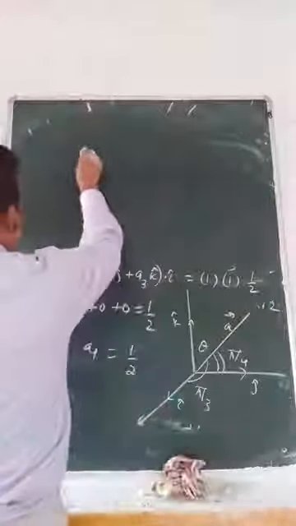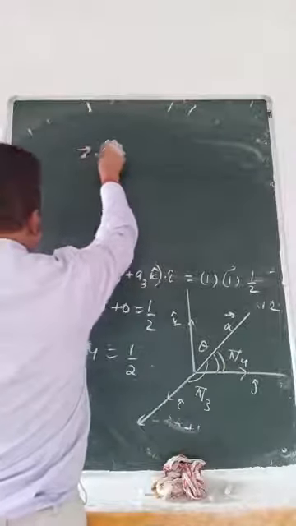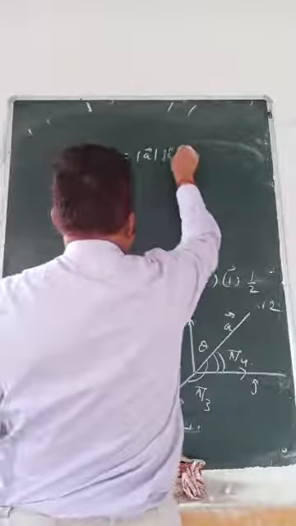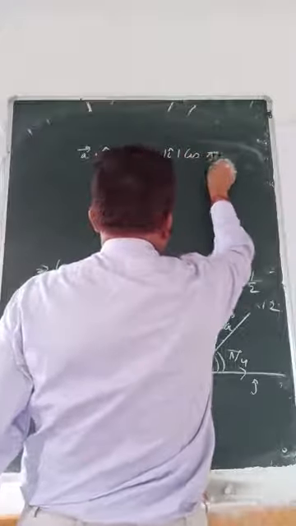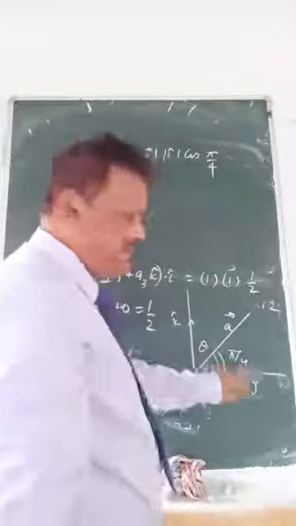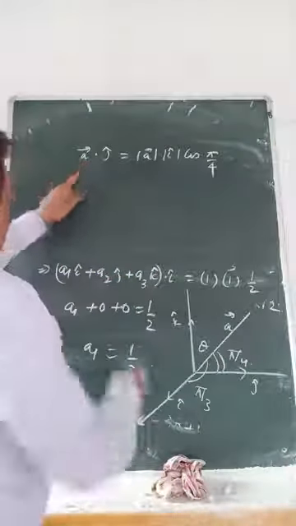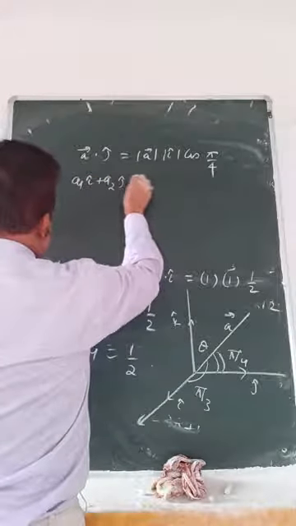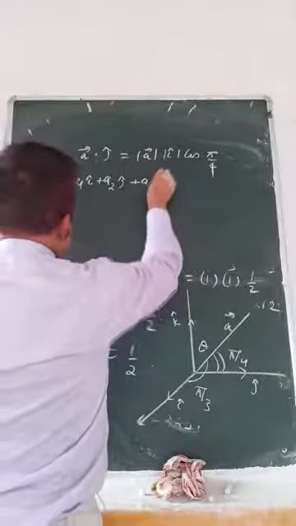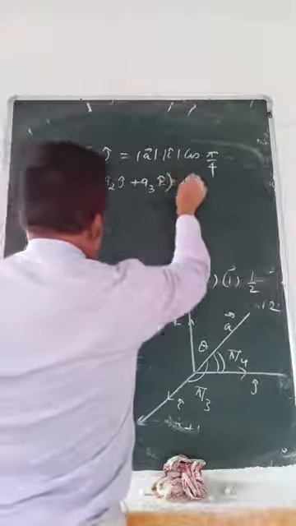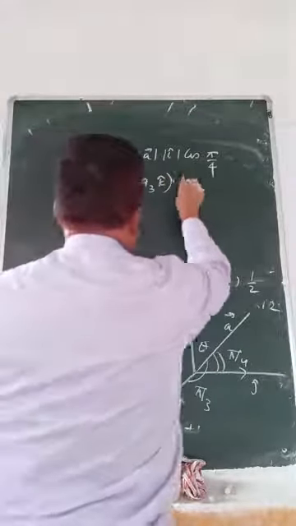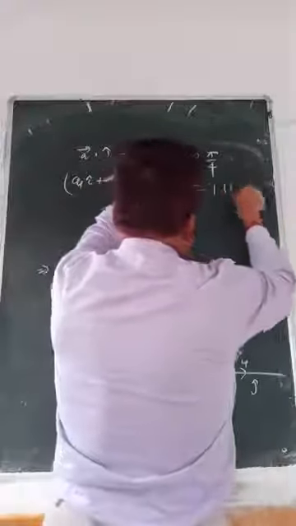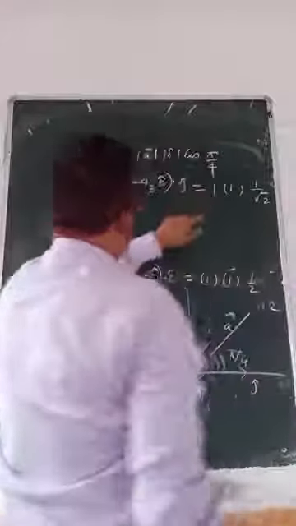So you can take A dot J. Same thing, mod A mod J cos pi by 4, because the angle between these two is pi by 4. This one, what will you write? A1 I plus A2 J plus A3 K dot J equals, this is 1, this is also 1, this is 1 by root 2. So what will survive here?